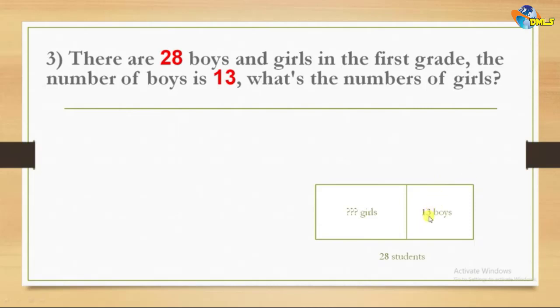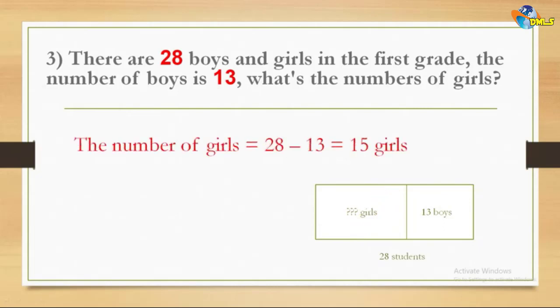So the remainder will be girls. So the number of girls equals 28 minus 13, because all the students are 28 and the boys are 13. So 28 minus 13 equals, start from ones, 8 minus 3 equals 5, 2 minus 1 equals 1.